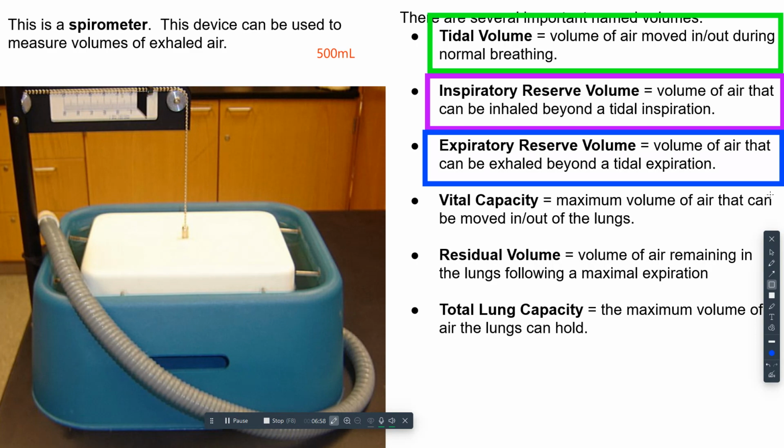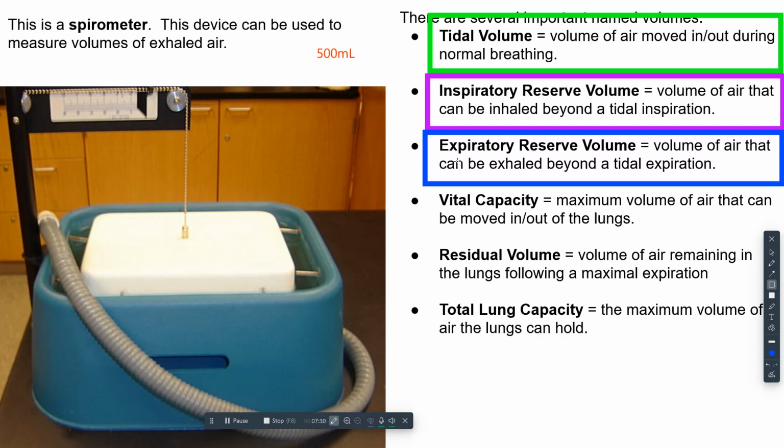Next, there's something called the vital capacity. The vital capacity is the maximum volume of air that you can move in or out of your lungs. So let's say you breathed out as hard as you could. You can never truly empty your lungs, but you would breathe out your tidal, your normal, plus your expiratory.